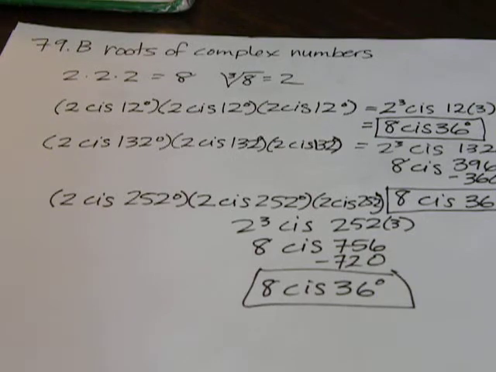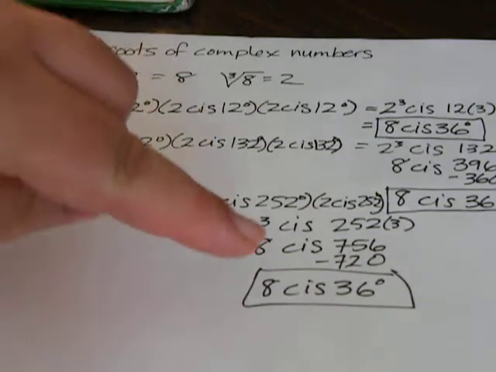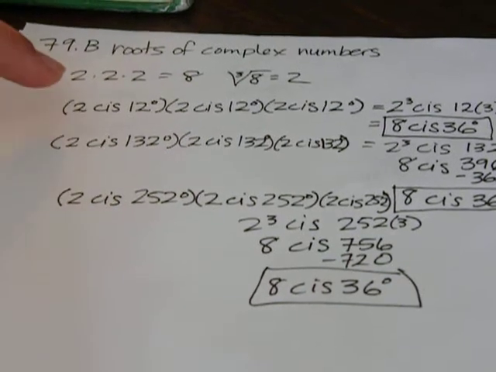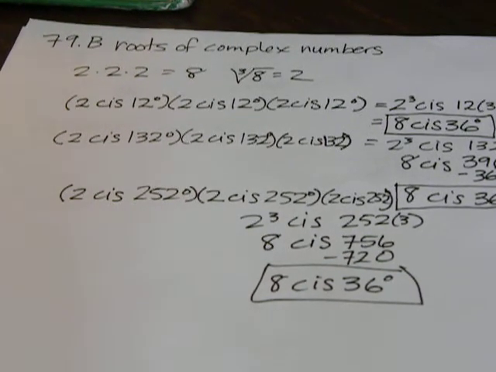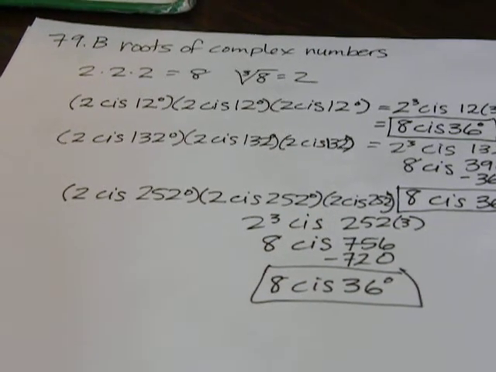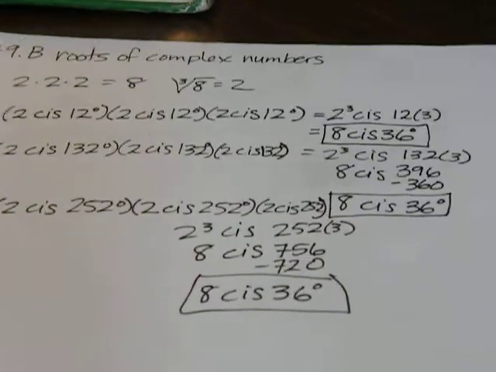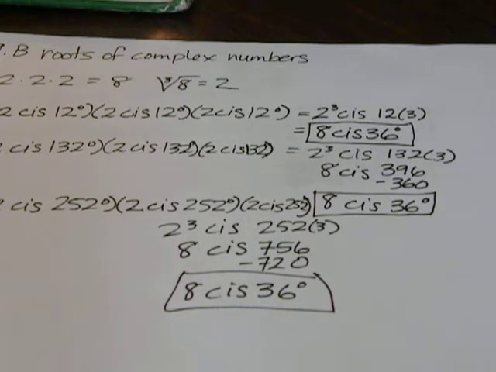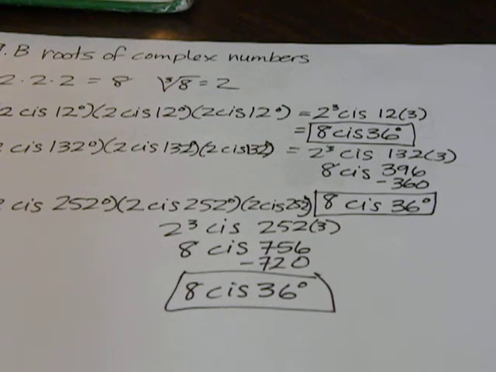So what your lesson is going to be is starting with 8 CIS 36 and how do you come up with your 3 different roots, or your 2 roots, or your 5 roots, or however many roots it is that it says that you want to come up with. So that's what we're going to learn about today. So here's the key. If it has square roots, it's going to be 2 square roots.